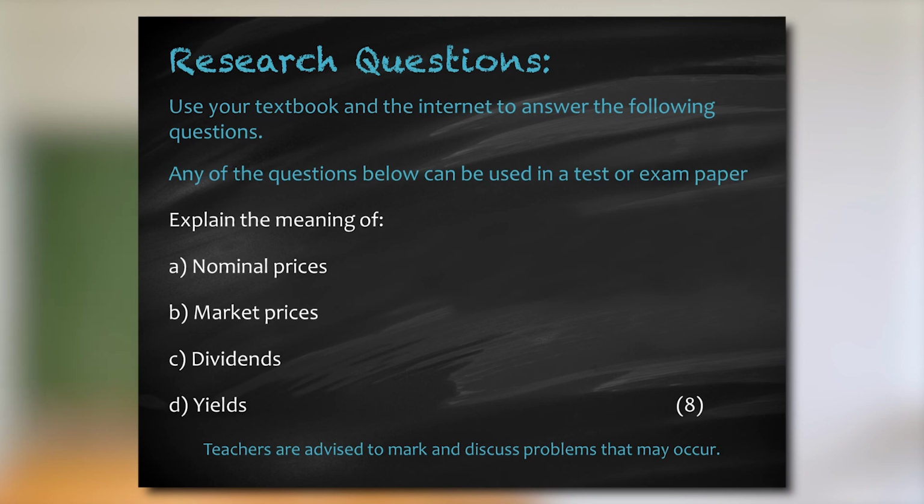This is normally the price at which it was issued. What is the market price? What are dividends and what are yields? You can get all of that, then discuss it. The questions given in this slide and in the previous slide can also be used in tests and exams.